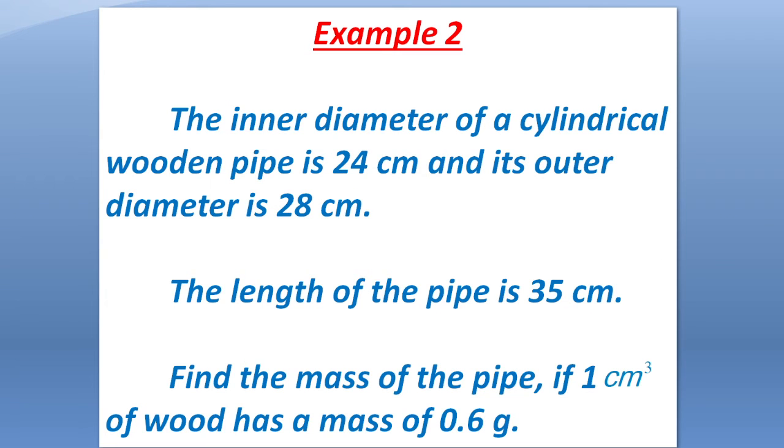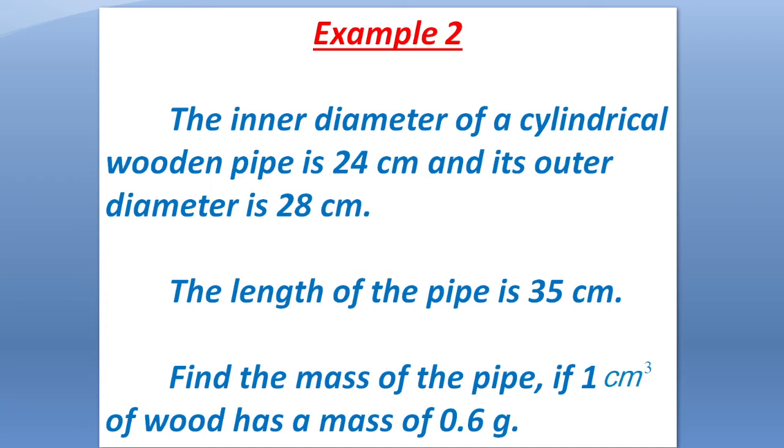Example number 2. The inner diameter of a cylindrical wooden pipe is 24 centimeter and its outer diameter is 28 centimeter. The length of the pipe is 35 centimeter.